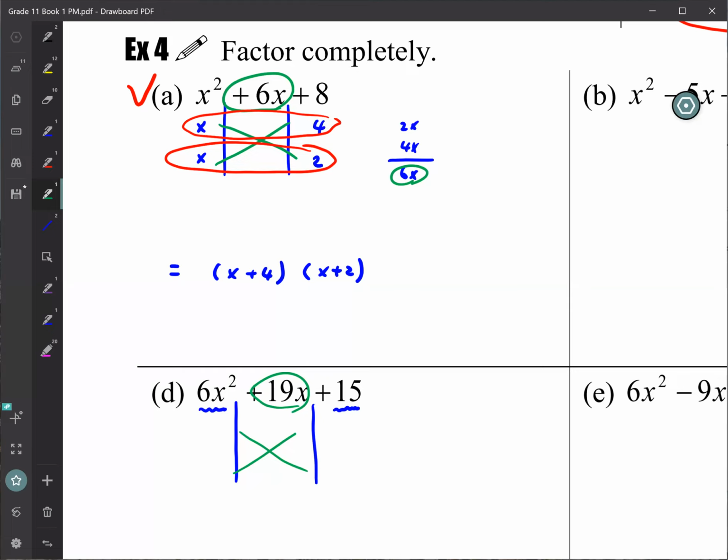Okay, we got 3 people already got it. Four people now. 5, 6, 7, 8, 9, 10, 11.